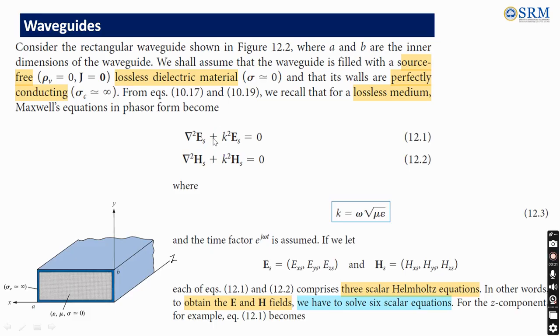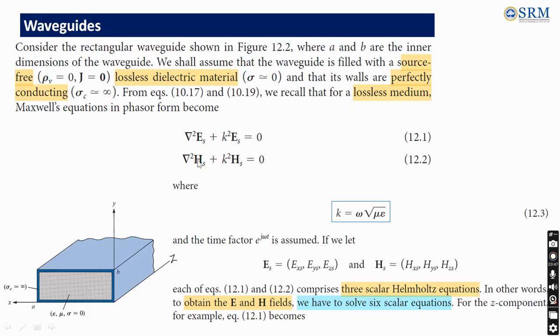Substituting that, one negative sign is already there in the Helmholtz equation, so del square Es plus beta square Es equals 0. We are considering beta as k here. Similarly for the magnetic field. The beta value is going to be k, that is equal to omega root mu epsilon, and the time factor e power j omega t is also considered.